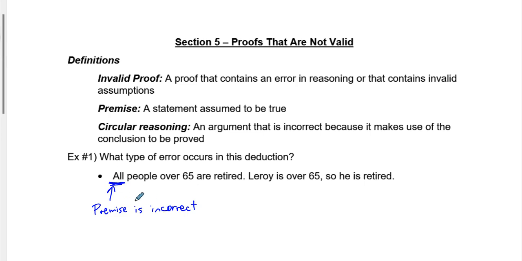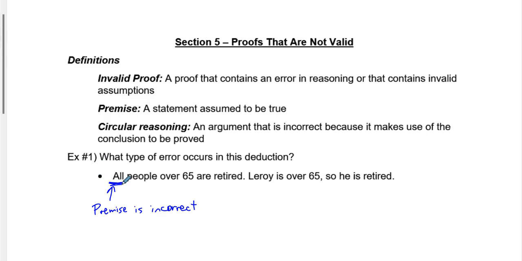The word all can be a very sticky word in the math language. Now, when we're using proper deductive reasoning with our variables, with our x's, our y's, our n's, whatever it is, that makes things a lot easier.